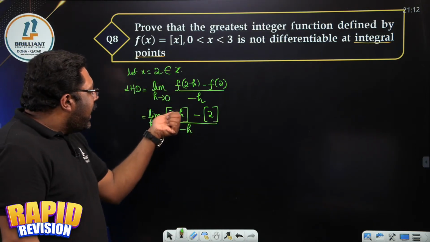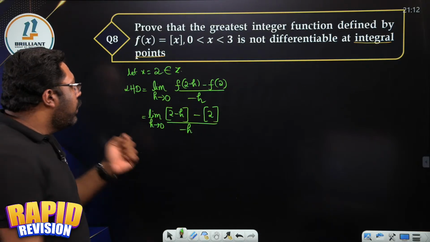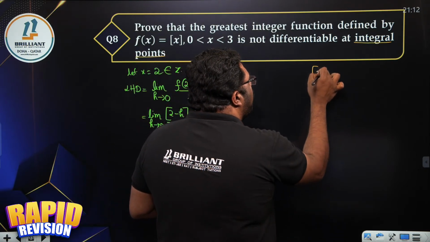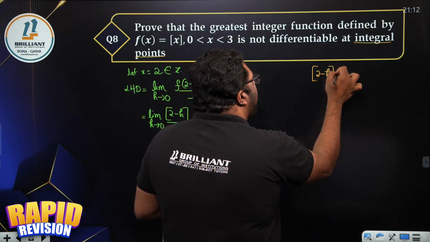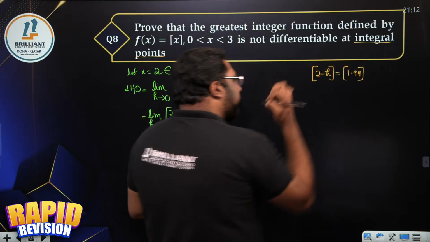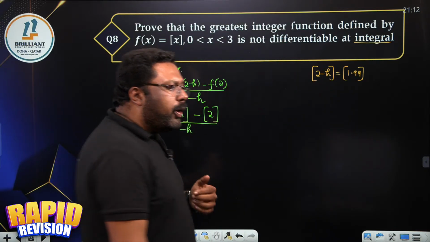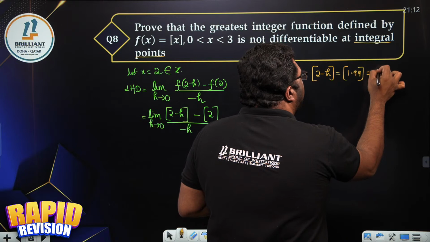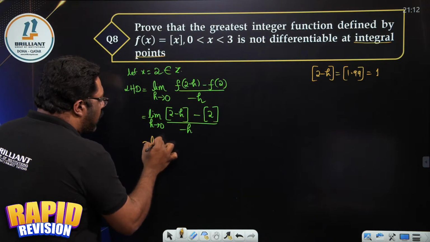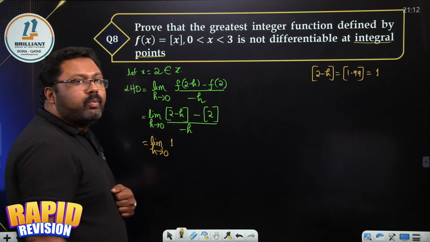My dear students, h is a very small value, very close to 0. So for example, what could 2 minus h be? It's a very minute subtraction. It could be 1.99 maybe. Subtracting a very small value from 2 makes it 1.99. What's the greatest integer of 1.99? It's 1. So the greatest integer of 2 minus h can be written as 1.